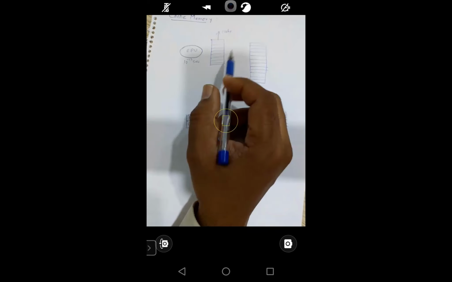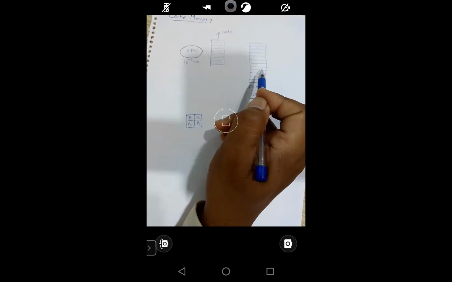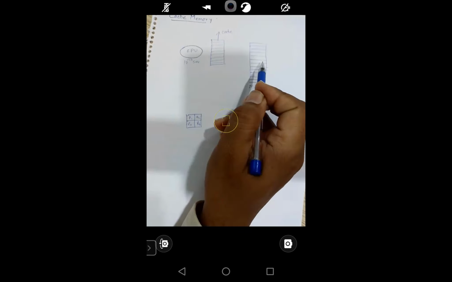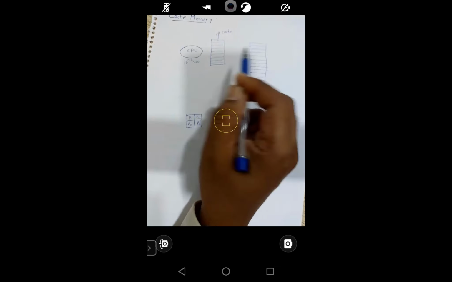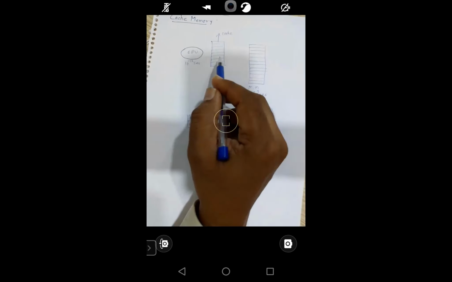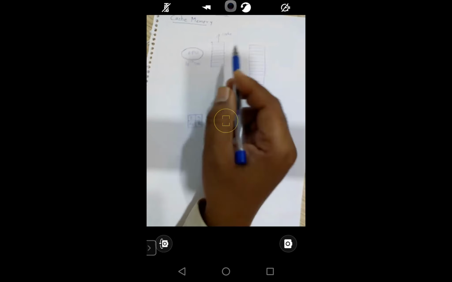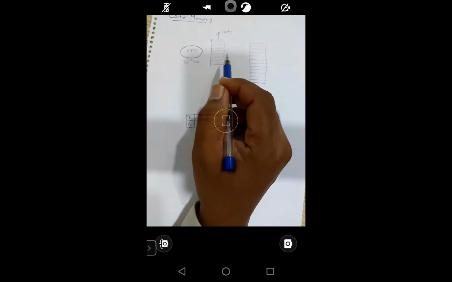But in main memory, there is only one transistor and one capacitor required. Here, 2 capacitors, 6 transistors. So multiple transistors are required in SRAM, so obviously the cost of SRAM is more than DRAM. So DRAM is used in main memory, SRAM is in the cache.